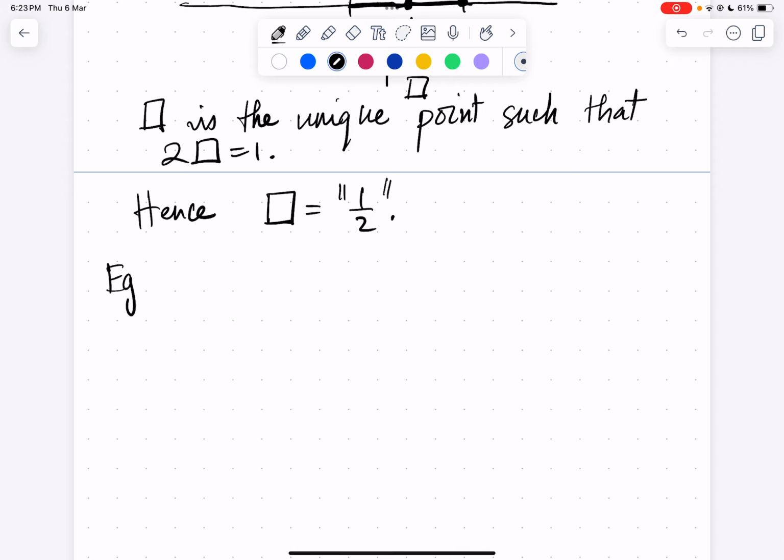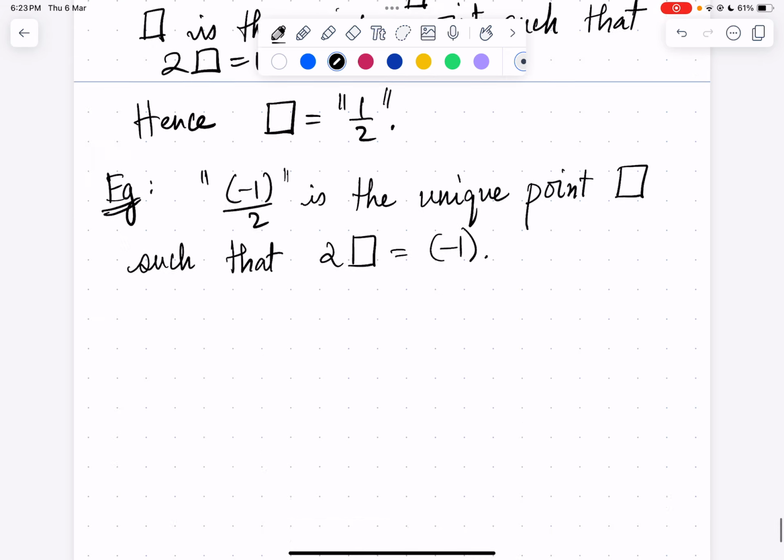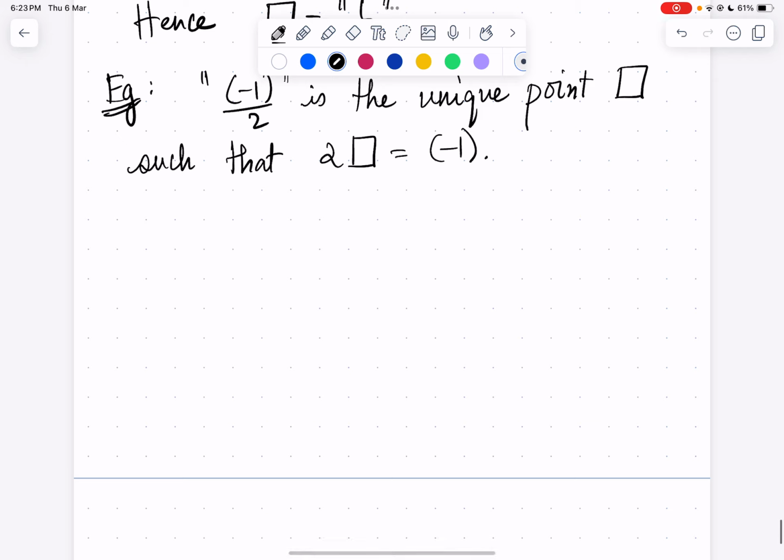Another example. Minus 1 by 2 is the unique point box such that 2 times box is minus 1. So consider the number line.